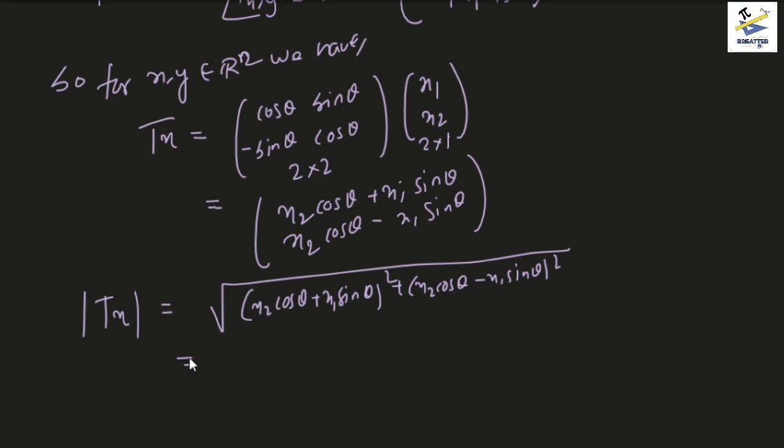So what we can do here is we can write this as root over of a plus b whole square plus a minus b whole square. It's basically 2 times a square plus b square, so 2 times x2 square cos square theta plus x1 square sin square theta, something like this. This is required, so we are just proving it.